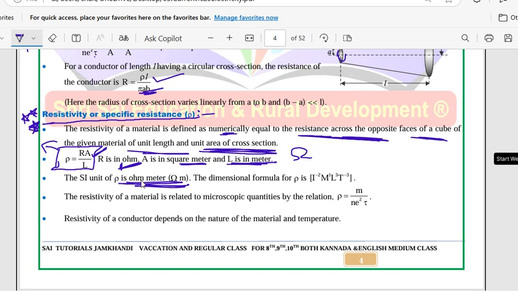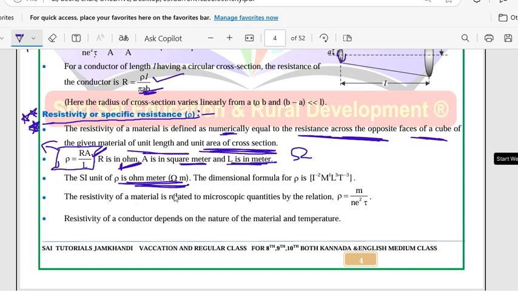The SI unit of rho, that is resistivity or specific resistance, is ohm meter. The dimensional formula for rho is I to the power of minus 2, M, L to the power of 3, T to the power of minus 3.